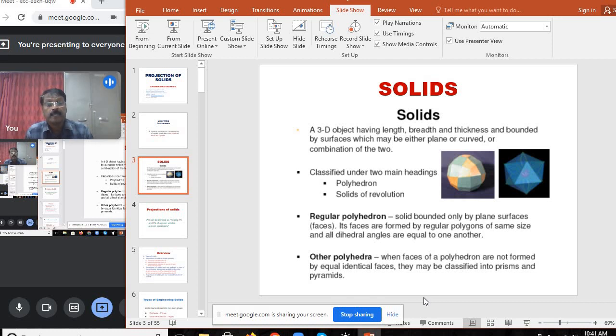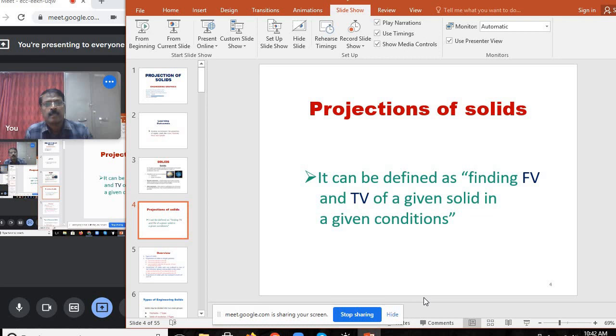The other polyhedra, when faces of a polyhedron are not formed by equal identical faces, may be classified into prisms and pyramids. Projection of solids, by definition, is finding the front view, top view and side view of a given solid in a given condition.